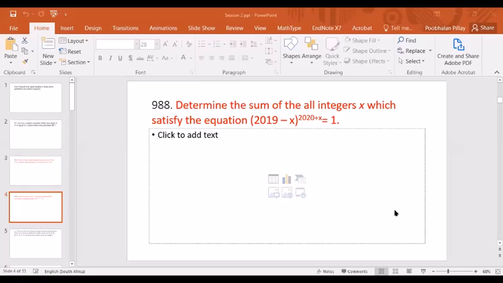Then to get 0 as the power, you use negative 2020. And to get negative 1 as a base, you use positive 2020 and you check. So 2020 plus 2020 is indeed even. So you see that the 3 solutions to this problem are 2018, 2020, and negative 2020, and their sum is 2018.